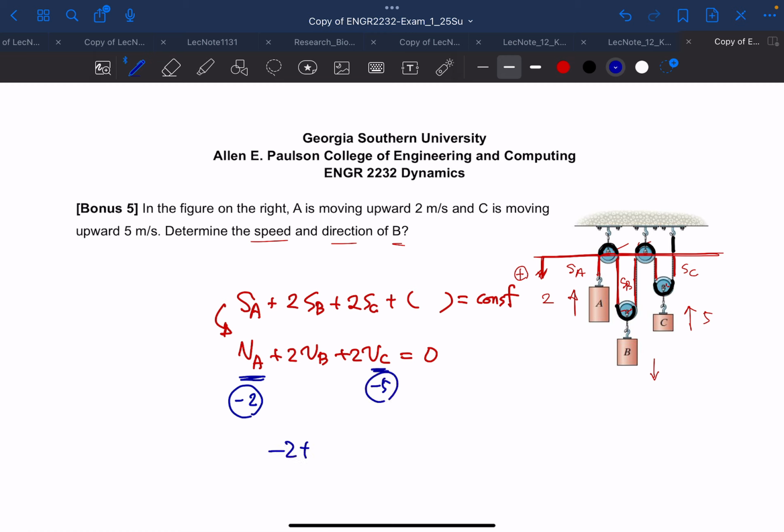So -2 plus 2 v_B plus 2 times -5 is 0. So it's this 2 and this 10, so 2 v_B is 12, so v_B is 6 meters per second. And it's a positive value, so it's following my direction, so it is going down. Okay? Does that make sense?